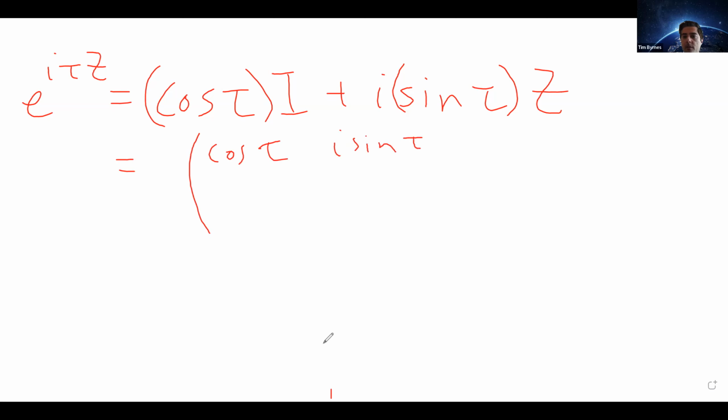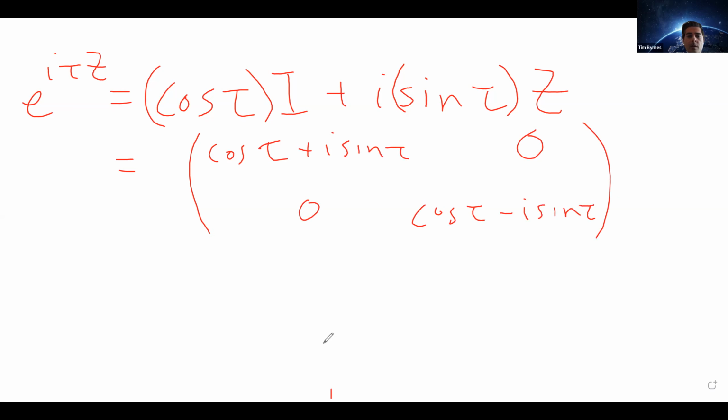So, this is 0, this is 0, this is cosine tau. Then because z, the bottom one is actually minus, it looks like this.